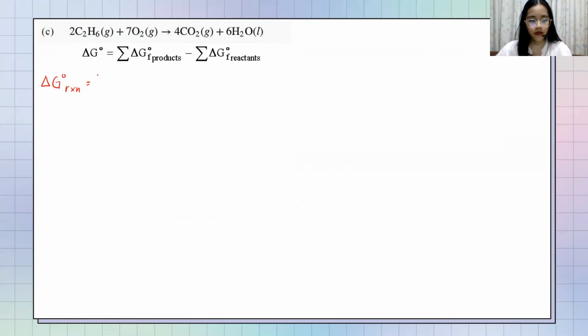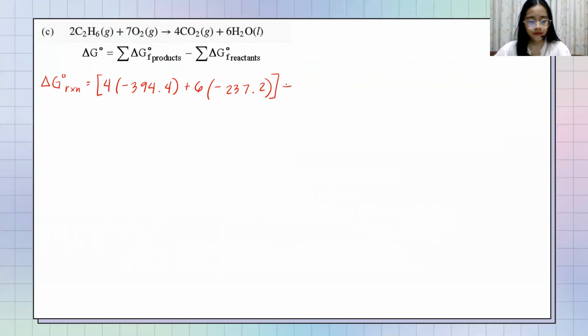So 4 moles times the free energy of carbon dioxide, which is negative 394.4, plus 6 moles of water, and its free energy is negative 237.2.